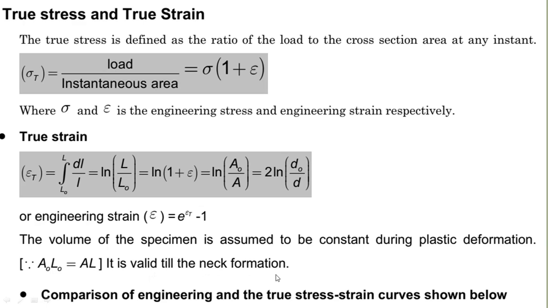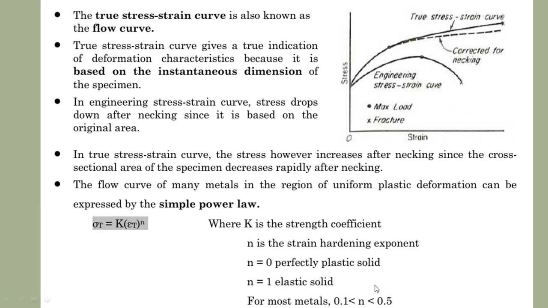As you know, the comparison of engineering and true strain is shown here. The true stress strain curve is also known as the flow curve. The true stress strain curve gives a true indication of deformation characteristics because it is based on the instantaneous dimension of the specimen. So this is the true stress strain curve, this is the curve corrected for necking, and this is the curve for engineering stress.